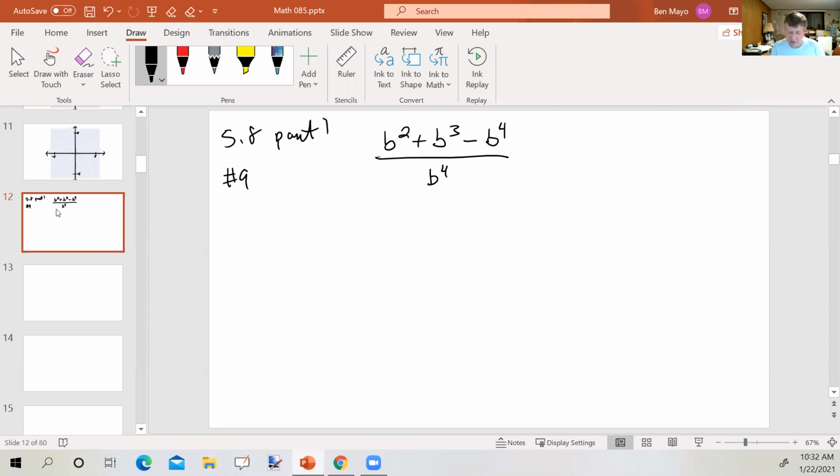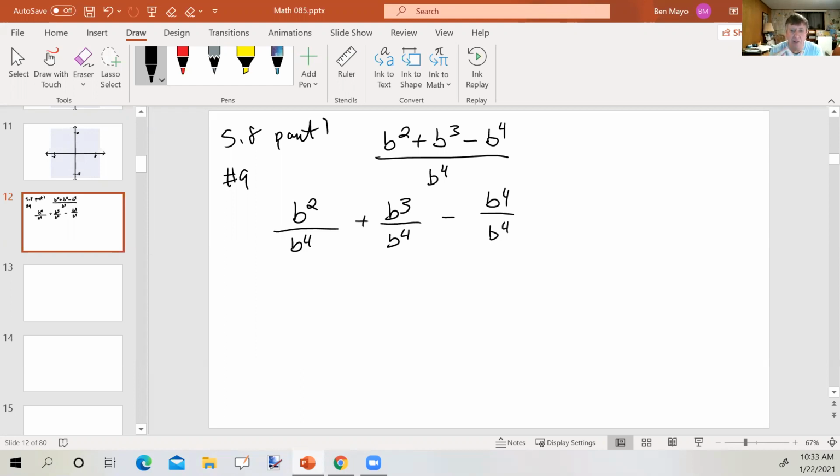We'll do it again. So when you have a polynomial divided by a monomial, you're going to take each term in the numerator and divide it by the denominator, creating separate fractions, and then you're going to go through and reduce each fraction. Now, keep in mind, even though the directions don't say this, there is an assumption built in with exponents.